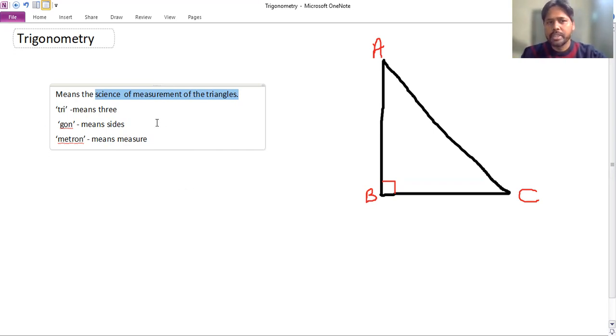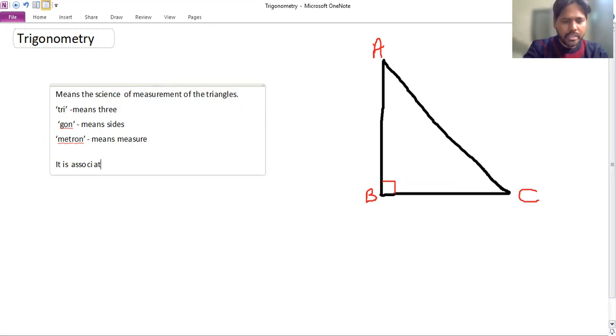And trigonometry, as it describes itself, is associated with the measurement of the parts associated with a triangle. But one important thing I would like to add is that it's associated with the right angled triangle.